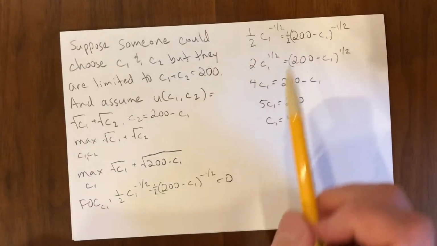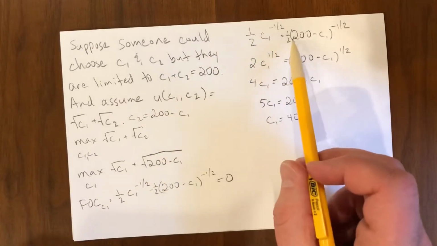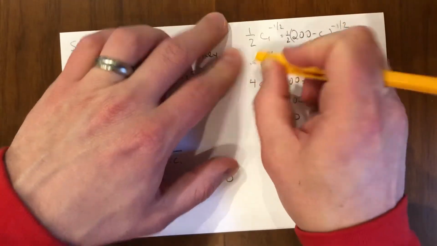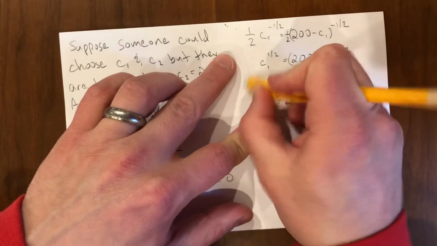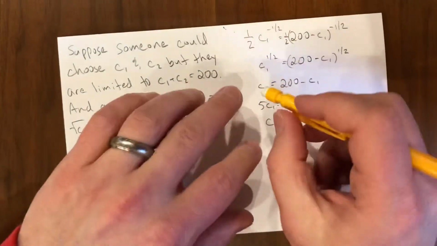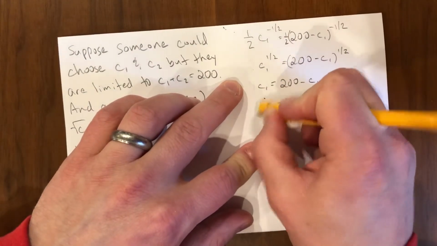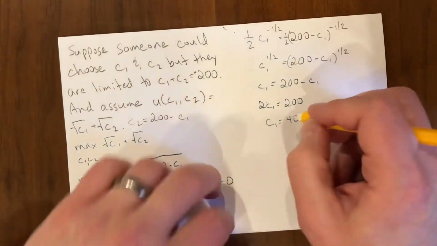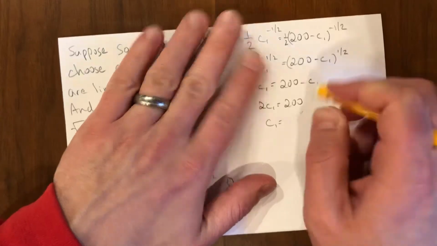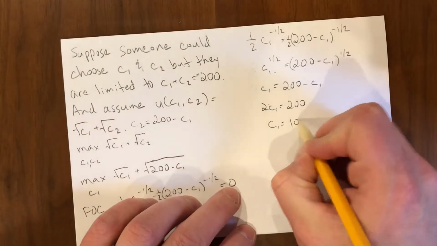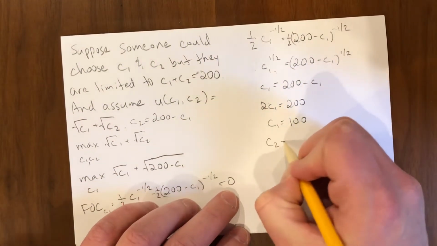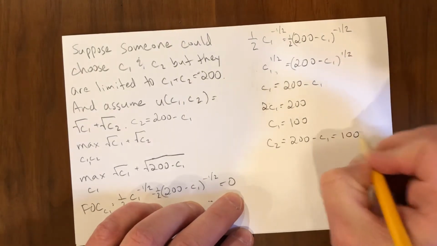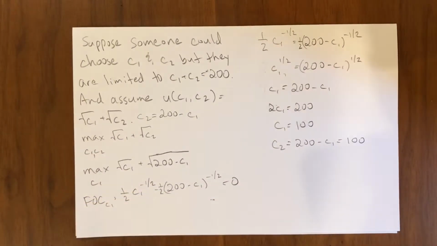So that means we should have a 1/2 here. And then these two 1/2s just cancel, right? Which means that there's no 1/2 here. So this 4 should not be here. So this is just 2 C1 is equal to 200. And C1 is equal to 100. Okay, so that's what we should have. And then, of course, C2 is equal to 200 minus C1, which is also equal to 100.